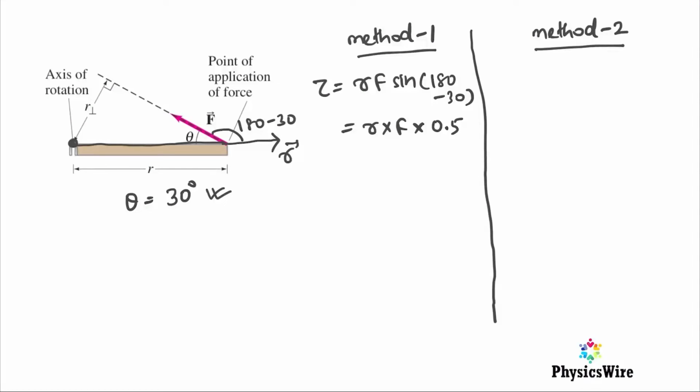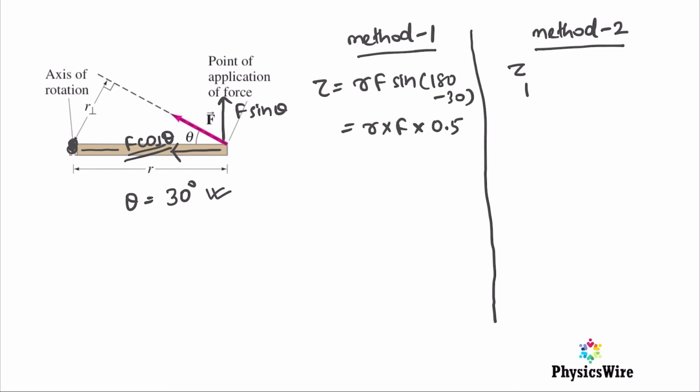Now for method 2, we break this force into component form. Here this will be F sine theta, and here it will be F cos theta. The torque due to the F cos theta term is 0 because this fixed point and F cos theta are in the same line.